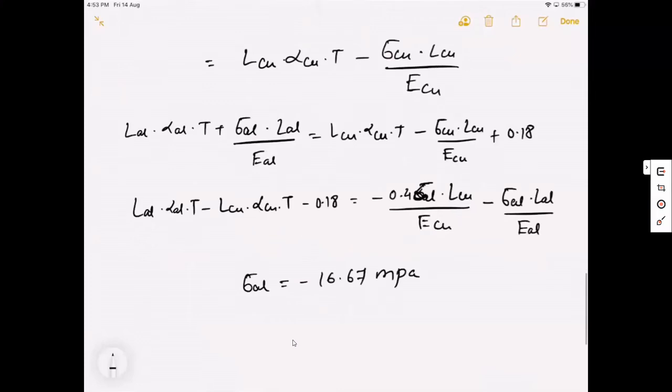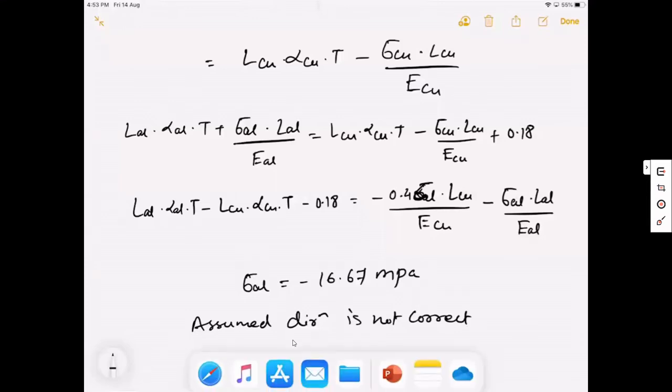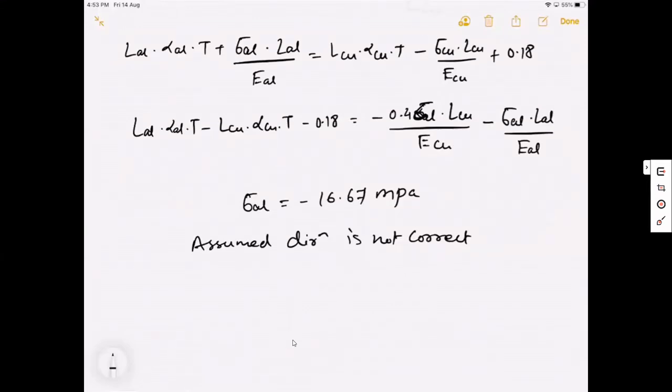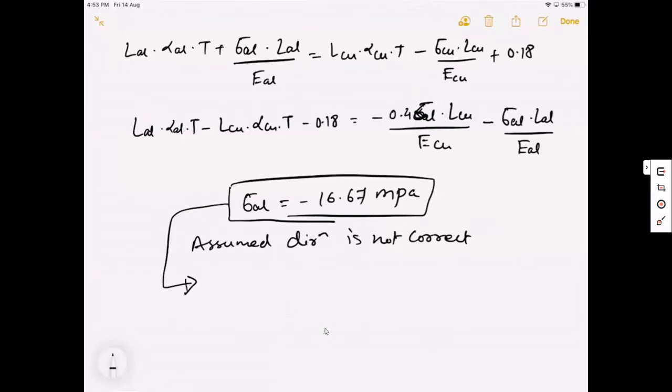Now the minus sign indicates here that the assumed direction is not correct. That means, we have assumed stress in aluminium to be tensile in nature, but after solving it is coming minus 16.67. That means we can conclude from here that the stress or force in aluminium is compressive.